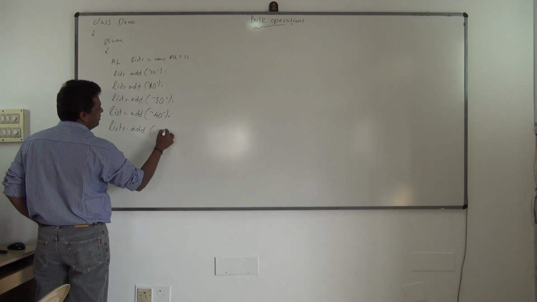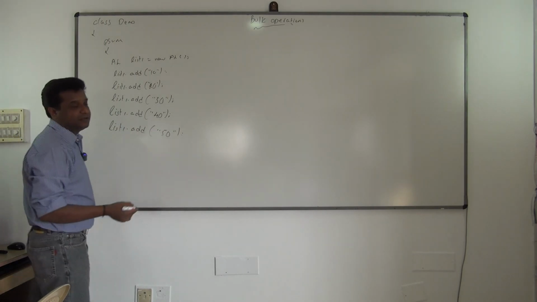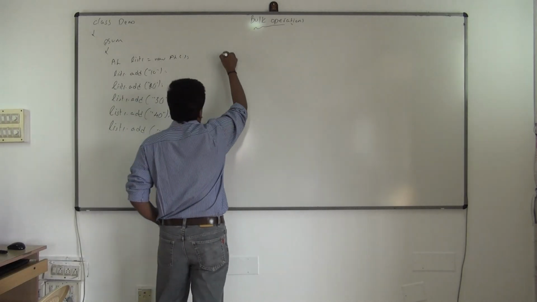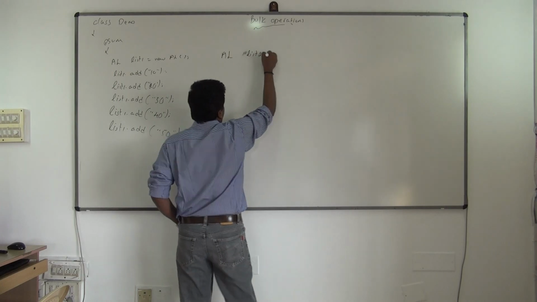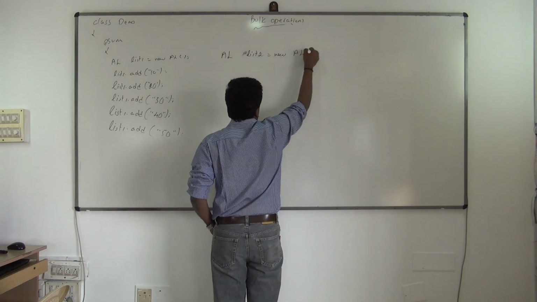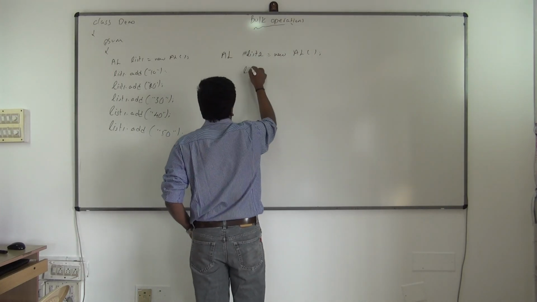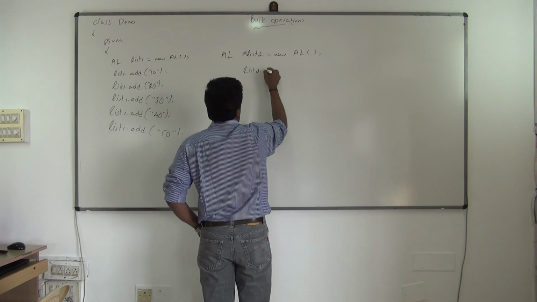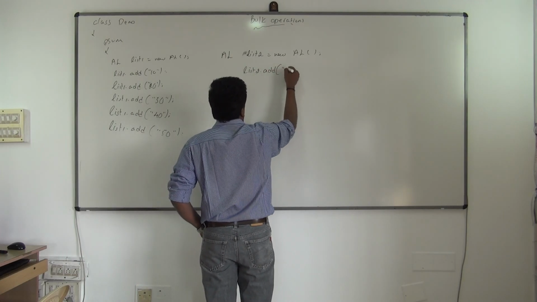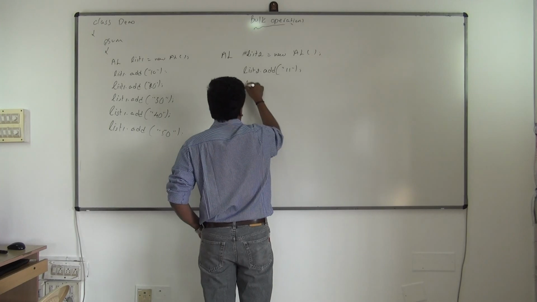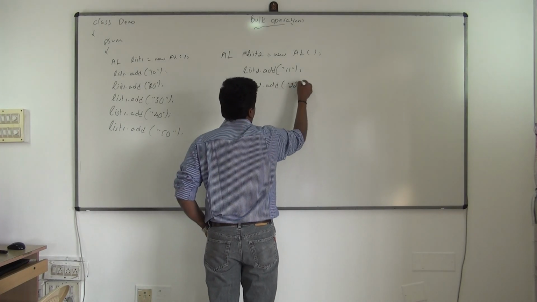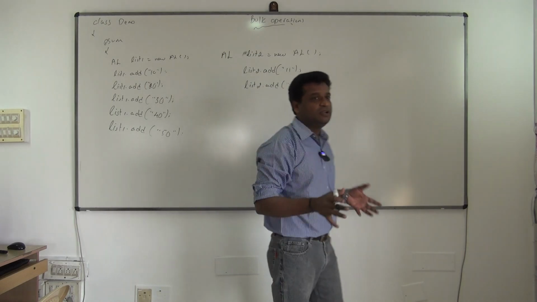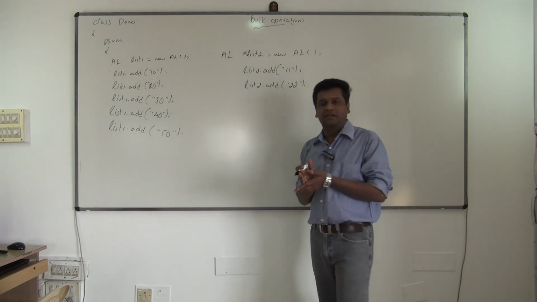So there are some values in one array list. Now there will be one more array list, list2 is equal to new ArrayList. list2.add, I'll have some values, 11. list2.add 12. So how many array lists are there now? Two array lists. List1 contains some values, list2 contains some values.